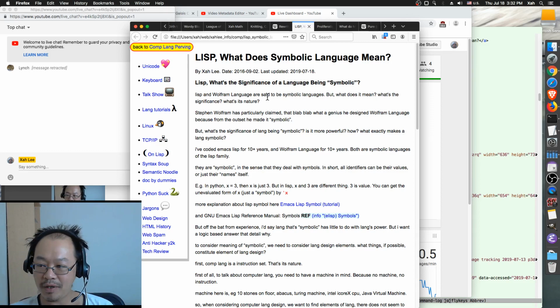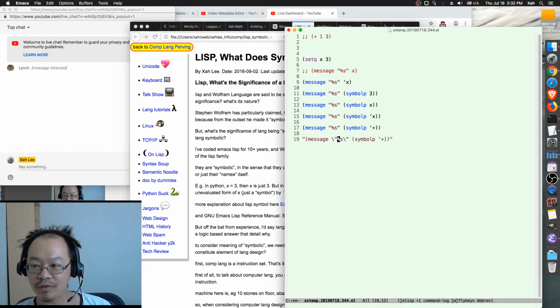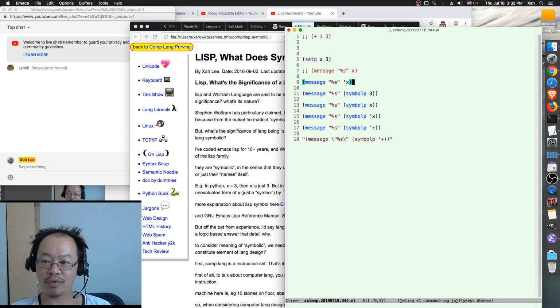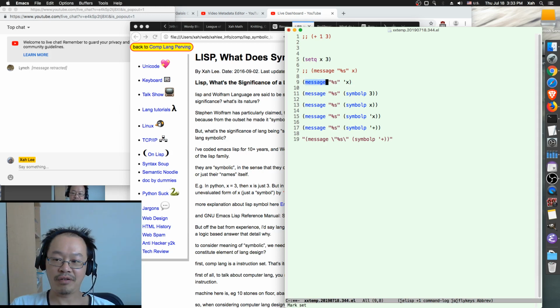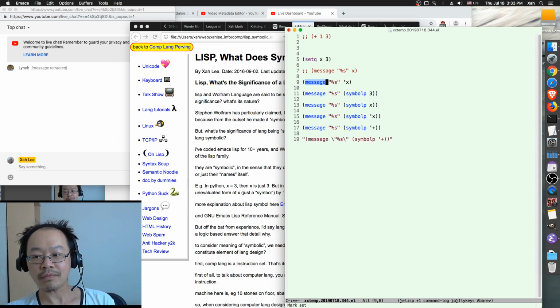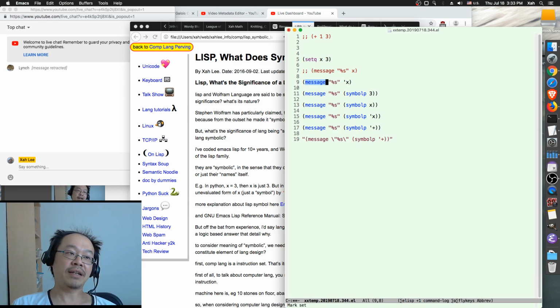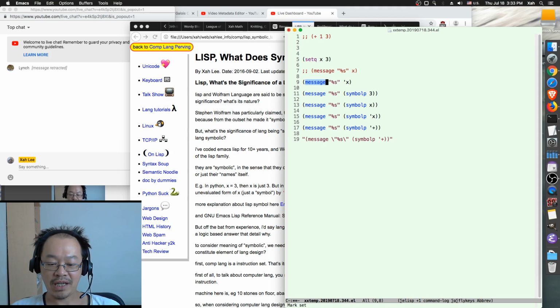When a symbol is evaluated to a value, it's similar to other languages. For example, a variable becomes a number or a string. A function, such as message, is a value, it does something. But every identifier in Lisp or Mathematica can be held unevaluated.